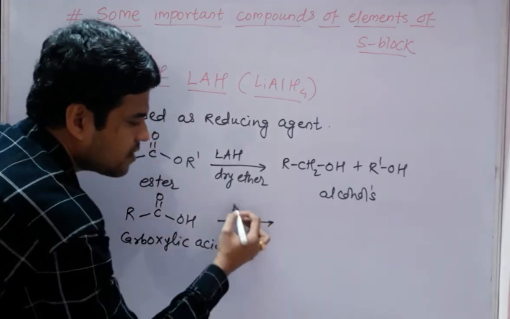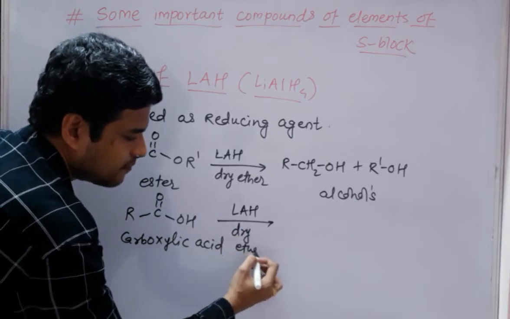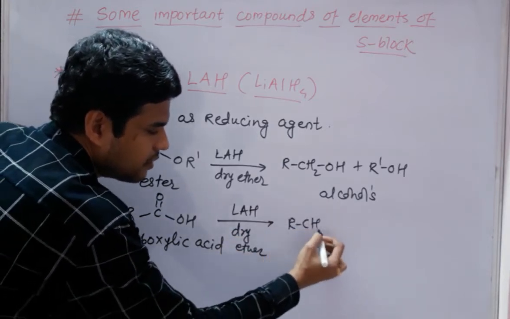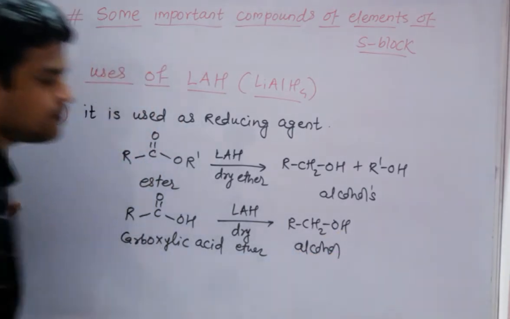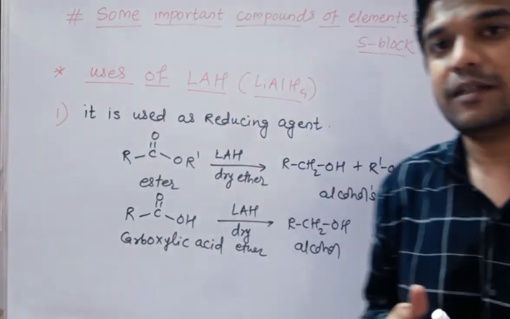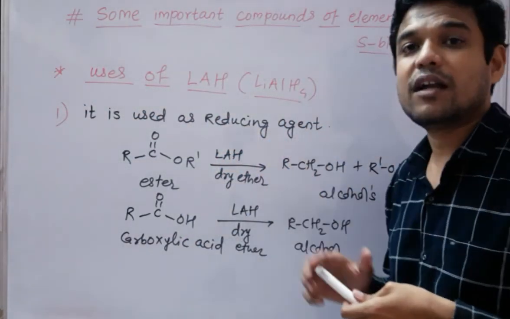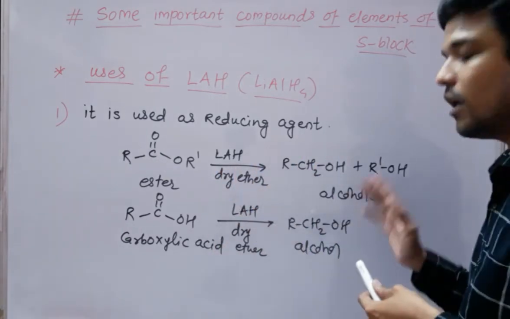If you reduce this carboxylic acid by LAH in the presence of dry ether, you get RCH2OH, means in this case also you will get alcohol. So whether it is an ester or carboxylic acid, lithium aluminum hydride reduces both into alcohols.